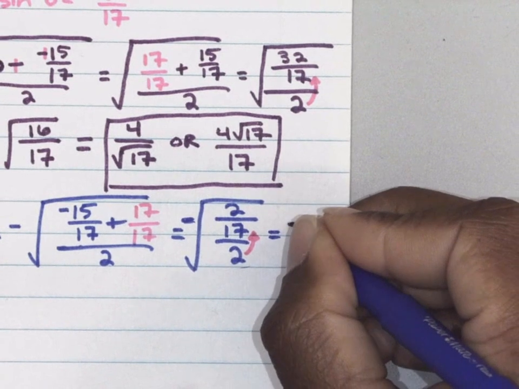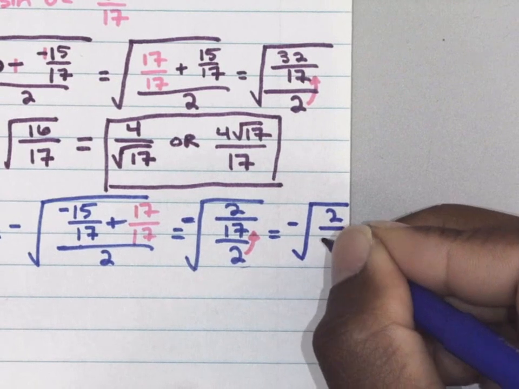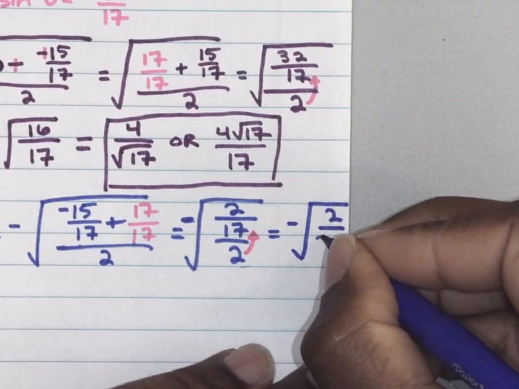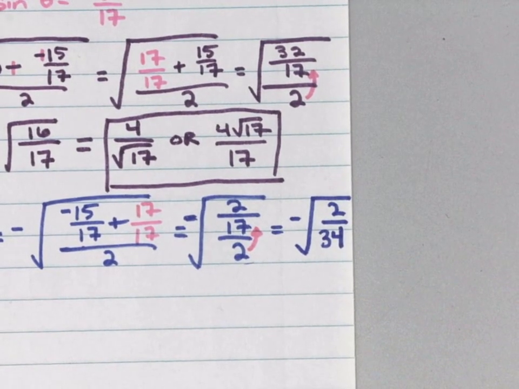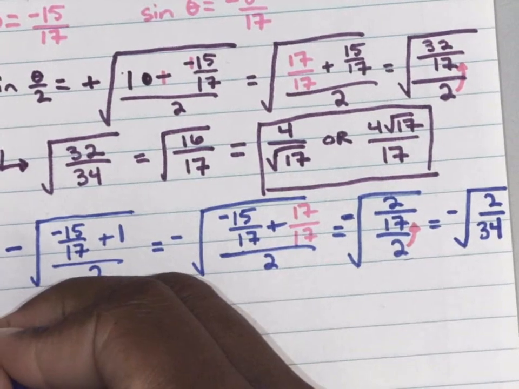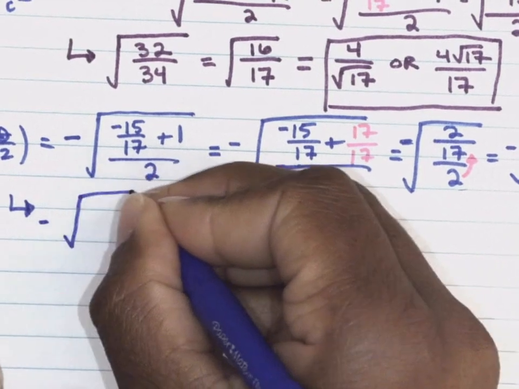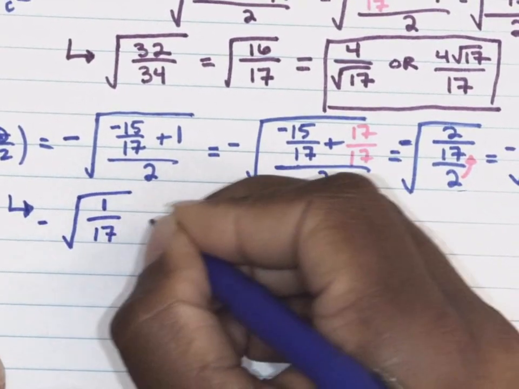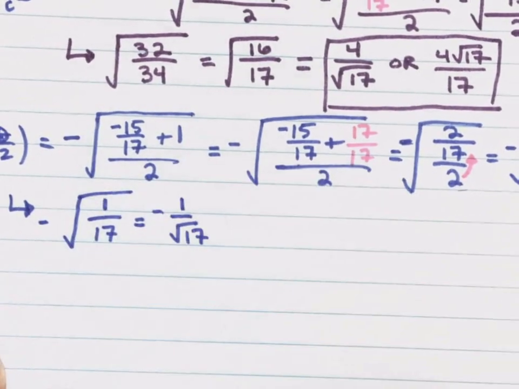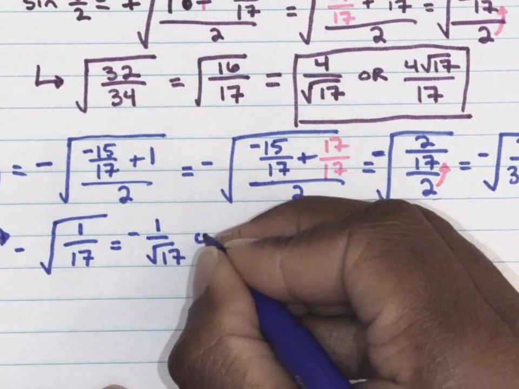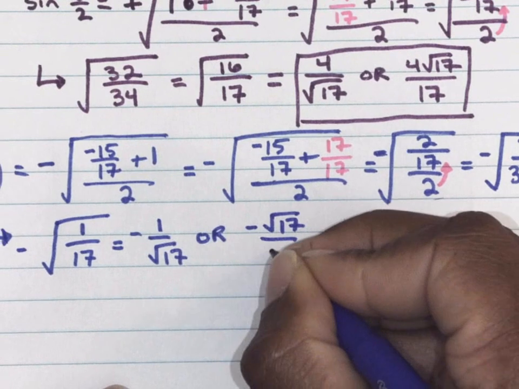And what I get is negative square root of 2 over 17 times 2 is 34. All right, both of these numbers are divisible by 2. So I get negative 1 over 17. Square root of 1 is 1. So negative 1 over root 17, or I multiply the top and the bottom by the square root of 17, and I get negative root 17 over 17.